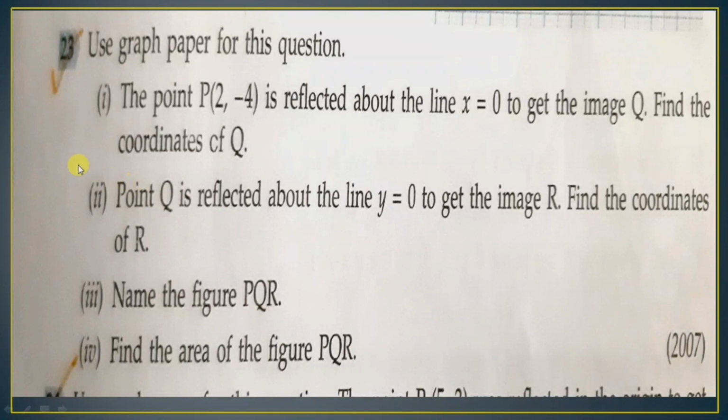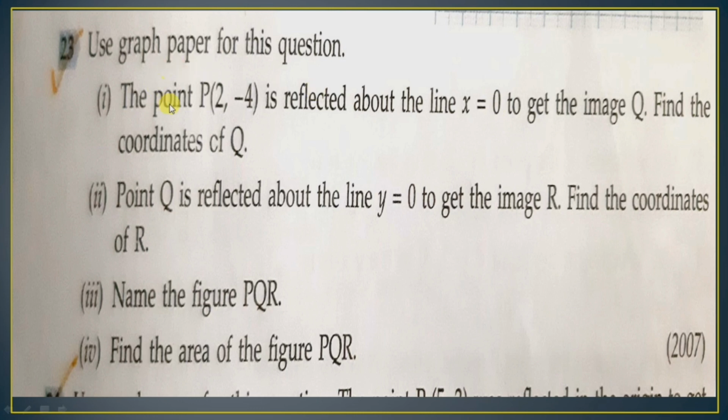My next question is, use a graph paper for this question. Number 1, the point P 2 comma minus 4 is reflected about the line x equals 0 to get image Q. Find the coordinates of Q. x equals 0 means it's the y-axis.